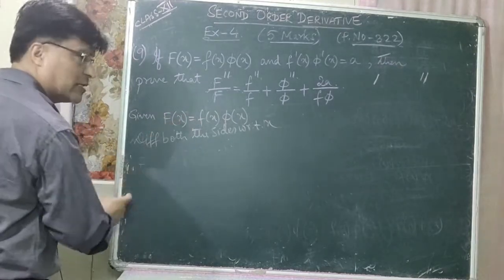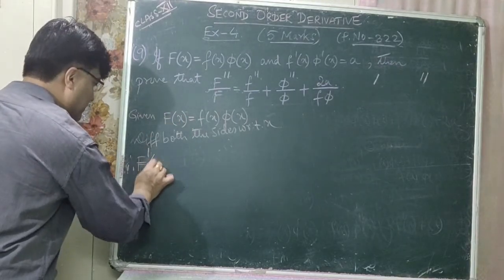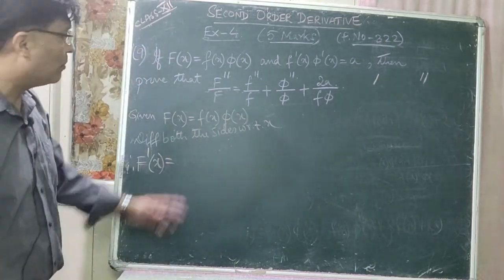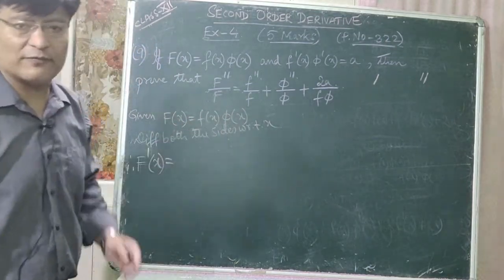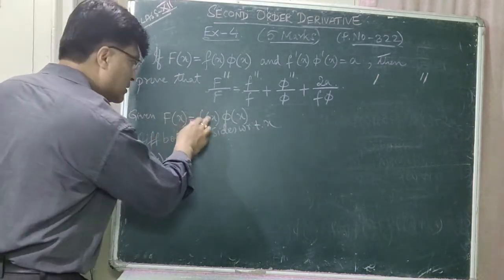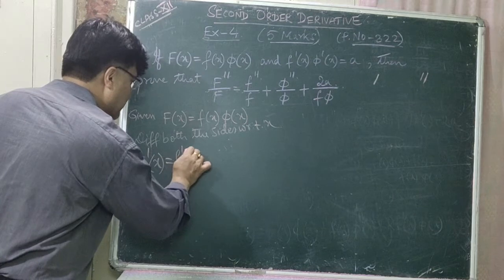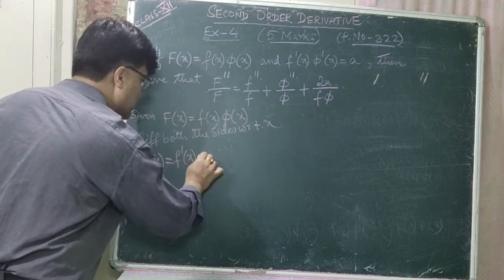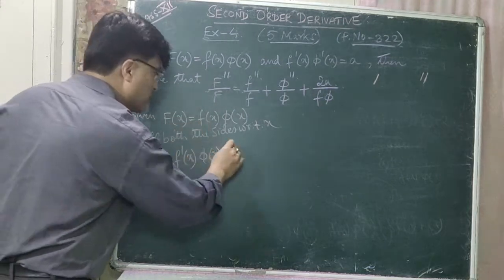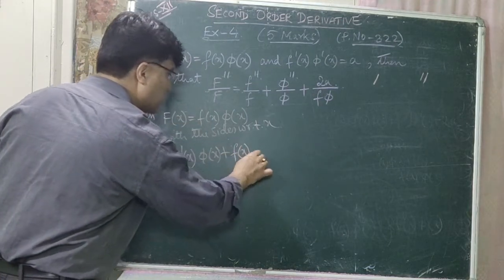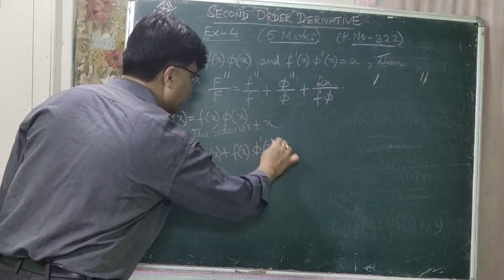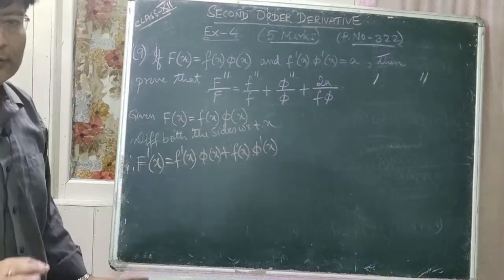Capital F dash of x is equal to, in this case you have to use UV rule because these are two different functions of x. Now take the differentiation of the first function, that is f dash of x, keeping the second term as it is, phi of x, plus now keep the first term as it is, take the differentiation of the second function, that will be phi dash of x. So I think you have understood it.